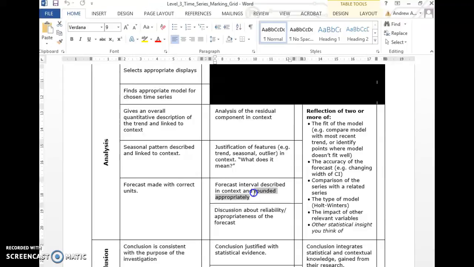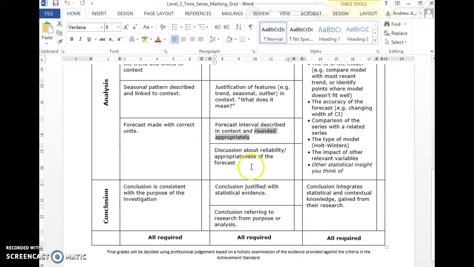No decimal places, it's a prediction. Discuss how appropriate it is to extrapolate, predicting the future. If there's high residuals, like 30, 40, 50% of your composition is made up of residuals, that's very poor reliability for forecasting.